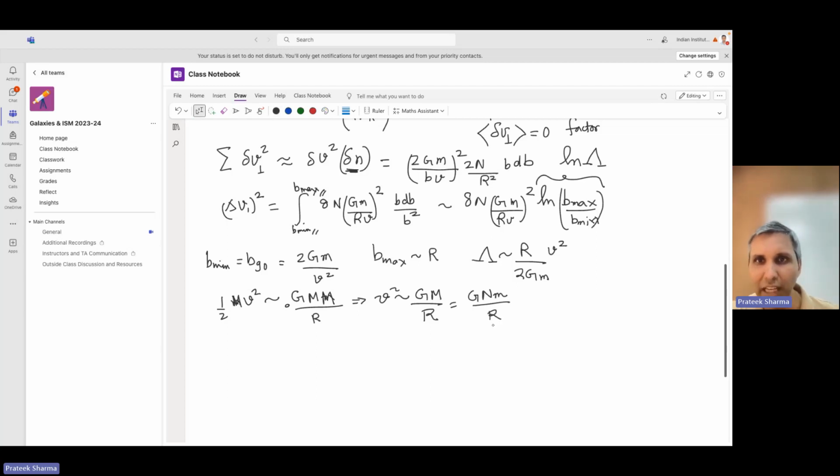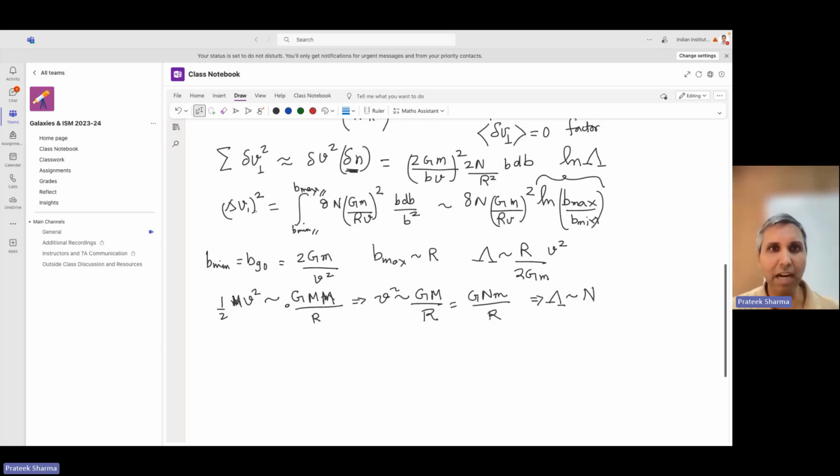If you plug that in, you can see this R cancels, this GM cancels. So this implies lambda is like N, the total number of stars in the system, essentially.